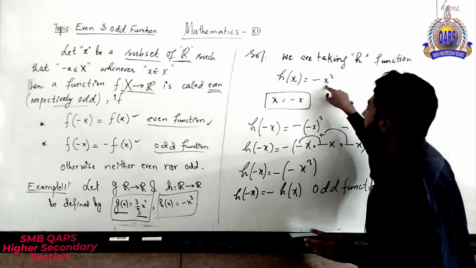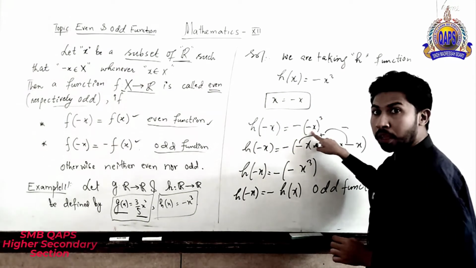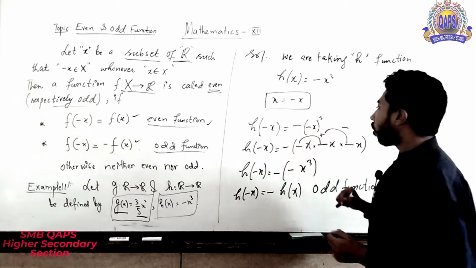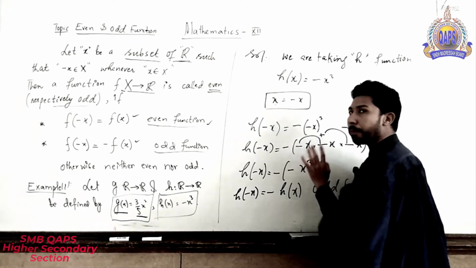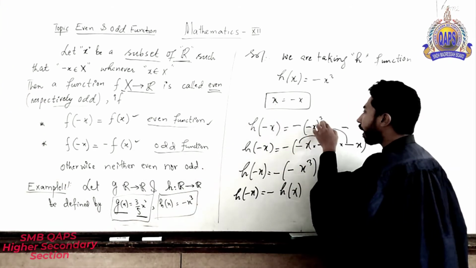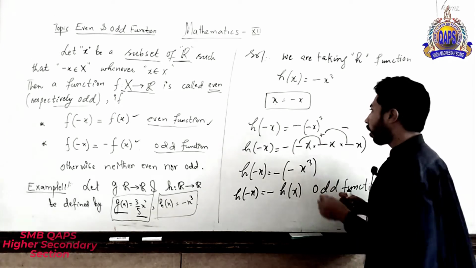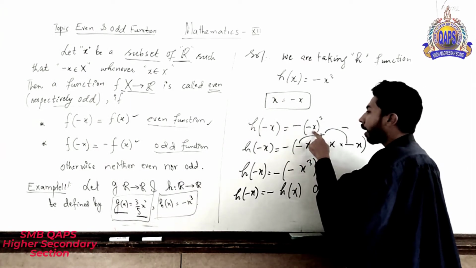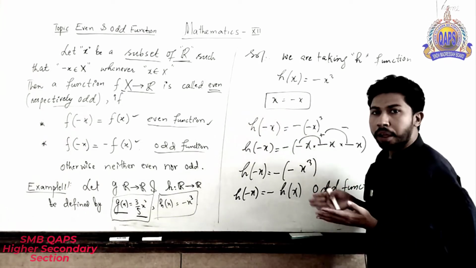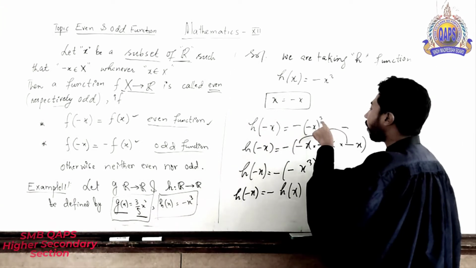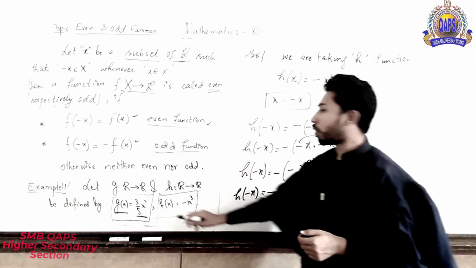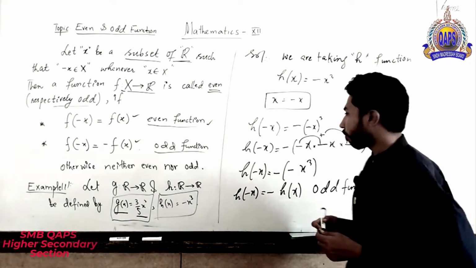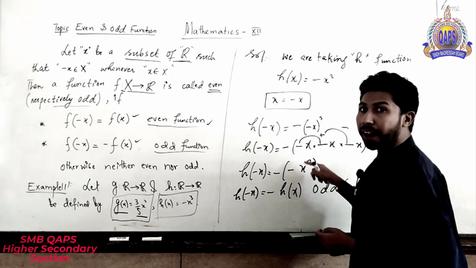In the place of x we put negative x, and the power is cube. If we solve the cube of any function, we multiply negative x by itself 3 times because the power is 3. For power 2 we multiplied 2 times. Here we multiply x 3 times.